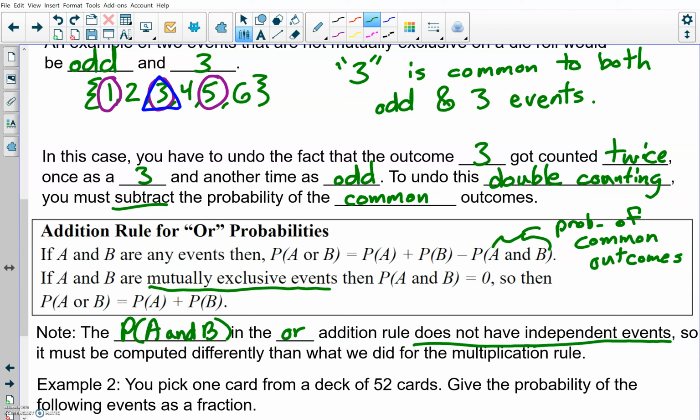So that's not independent. It must be computed differently than what we did for the multiplication rule. You can't just multiply the probability of A and the probability of B together to get the probability of A and B in this case, because A and B are not independent here. There's some tie together between them.